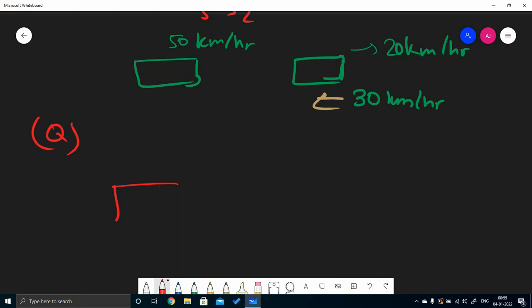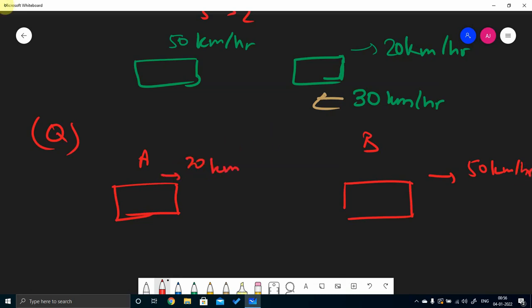Let's say there are two cars, car A and car B. Let's say A is moving at 50 kilometers an hour and B is moving at 20 kilometers an hour. Do you think car A would ever be able to hit car B? Not really. It won't, unless car B brakes.